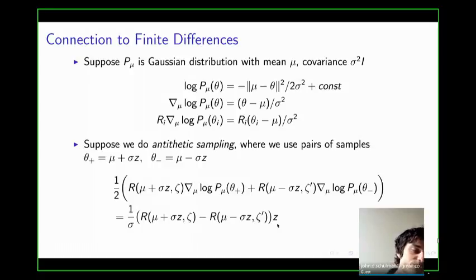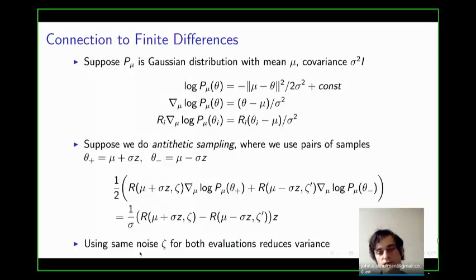This is a kind of intuitive algorithm, sometimes called Siamese perturbation stochastic approximation. I don't want to get into specifics of that, but this is a kind of intuitive algorithm, and you can see that it's exactly what you get by doing the score function gradient estimator with antithetic sampling.